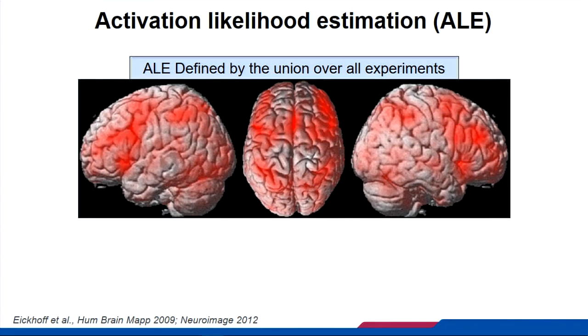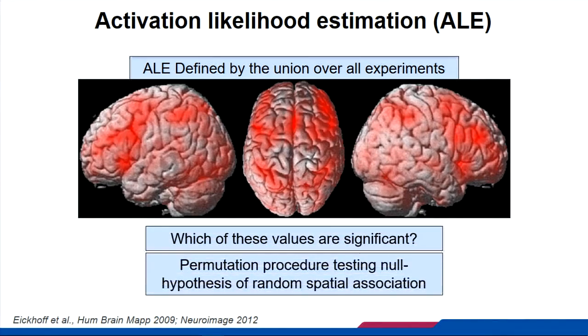And now we can truly say there isn't a single voxel where the likelihood is exactly 0. So we're not testing against the null model of no convergence. That wouldn't make sense. If you have a big ALE, every voxel would be significant. There's some convergence always. Rather, our null model is the null hypothesis of a random spatial association. So it's not like there's no convergence, but rather spatial location doesn't matter.